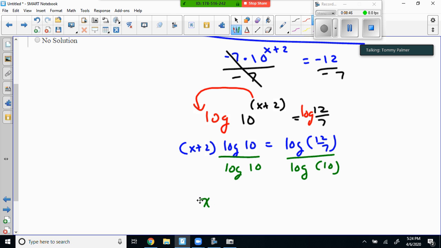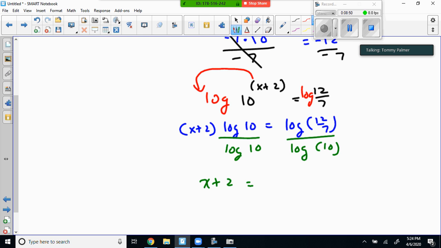So I've got x plus 2 equals the log of 12 over 7 divided by the log of 10.